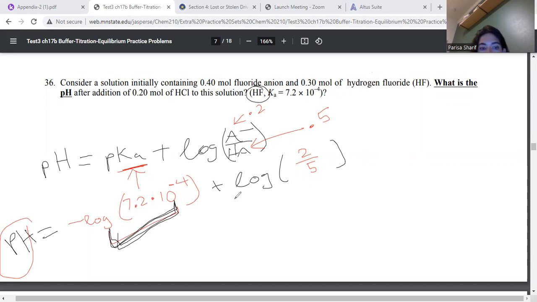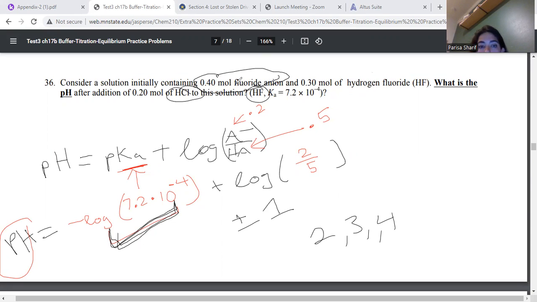And then the point of buffers is this part here should be plus or minus less than 1. If it becomes something bigger than that, like 2, 3, we've broken the buffer. And that would only happen if we've put enough acid that can react with all the fluoride anion.